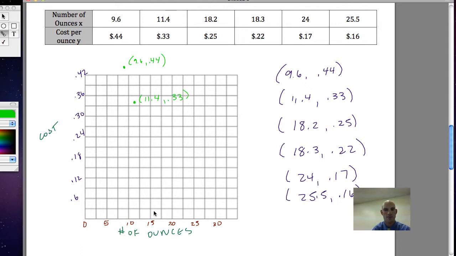As we continue down, 18.2, so that's going to be somewhere in here. 18.2 and 0.25. 18.3, which is right next to it, is going to be 0.22. So that's down this way.